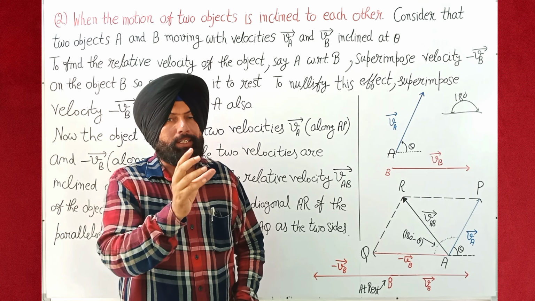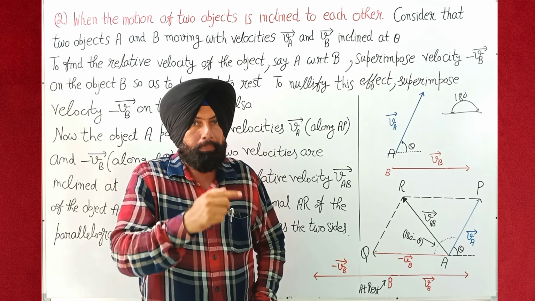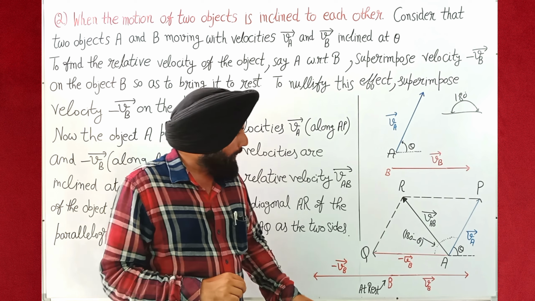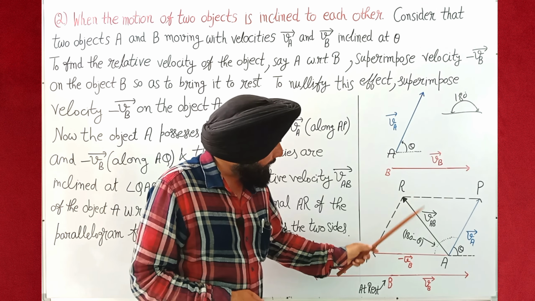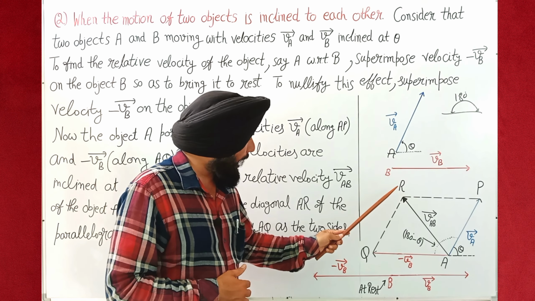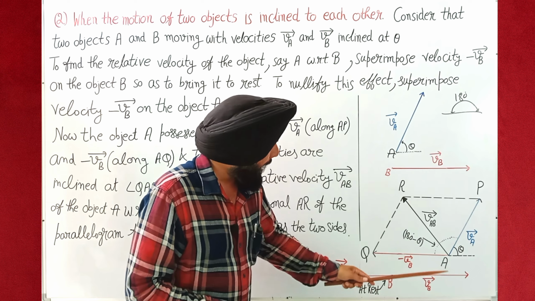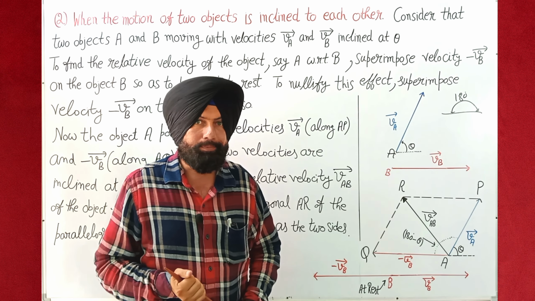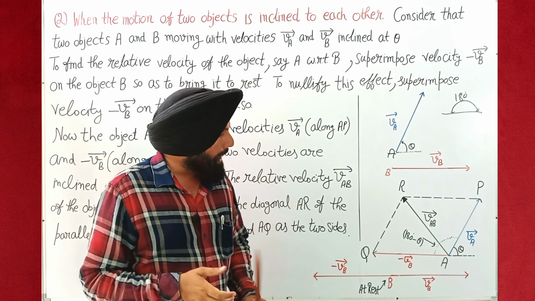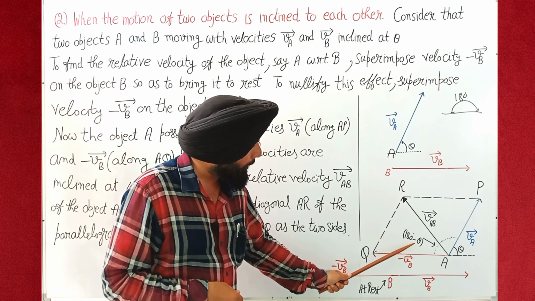So the resultant, the relative velocity of object A with respect to B, is represented by the diagonal. APRQ is the parallelogram and AR is the diagonal, and the angle between these two vectors is 180 minus theta.